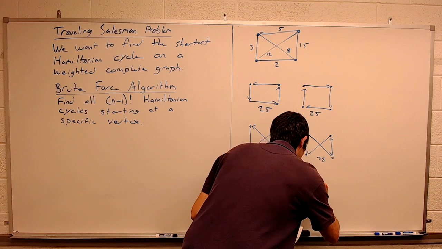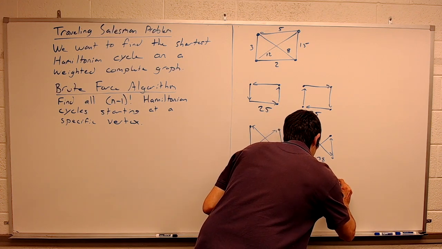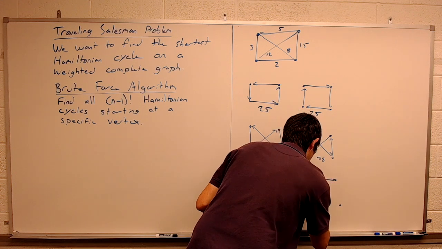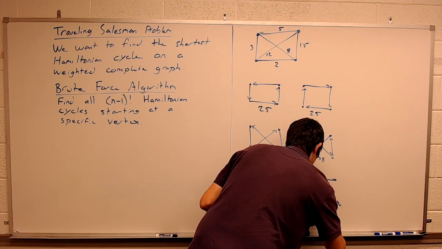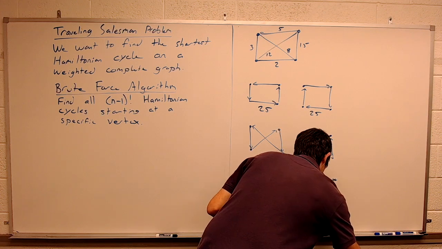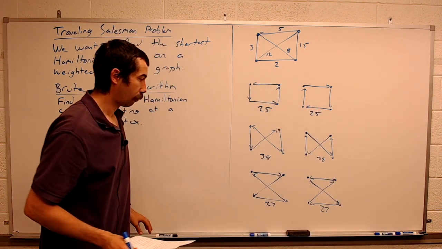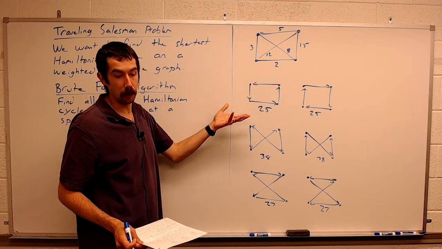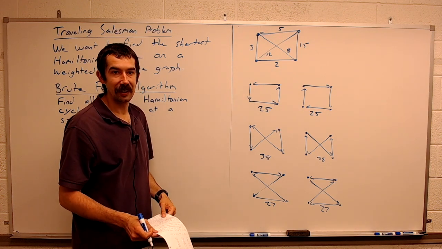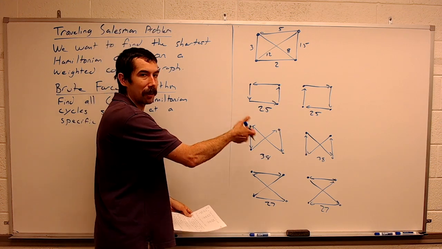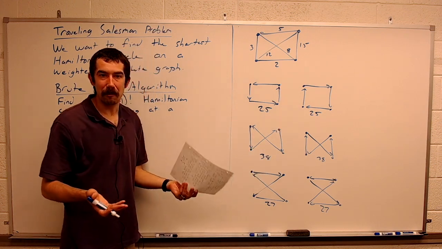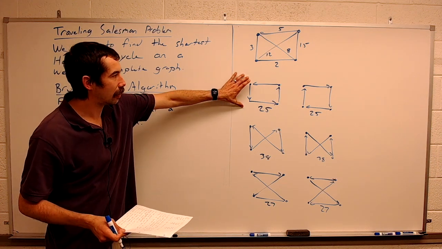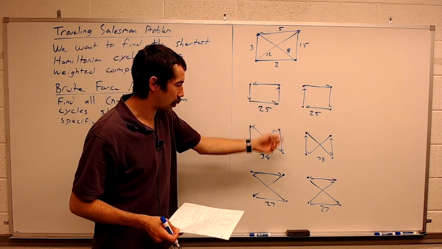And then same thing with the last if we go backwards. So either of these cycles would be the output of the brute force algorithm. But you can imagine if our number of vertices was large, this algorithm would just not be practical. Either of these cycles would be our output because it's the smallest of all these weights.